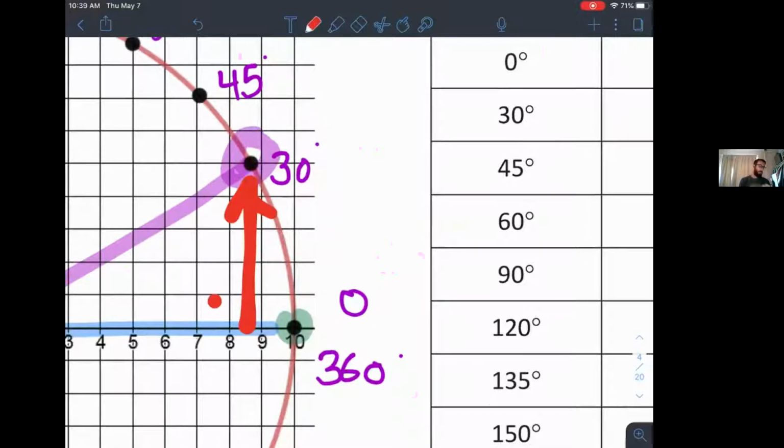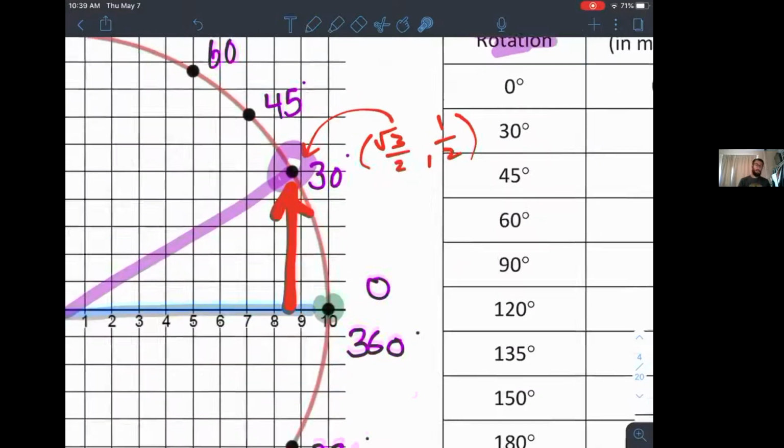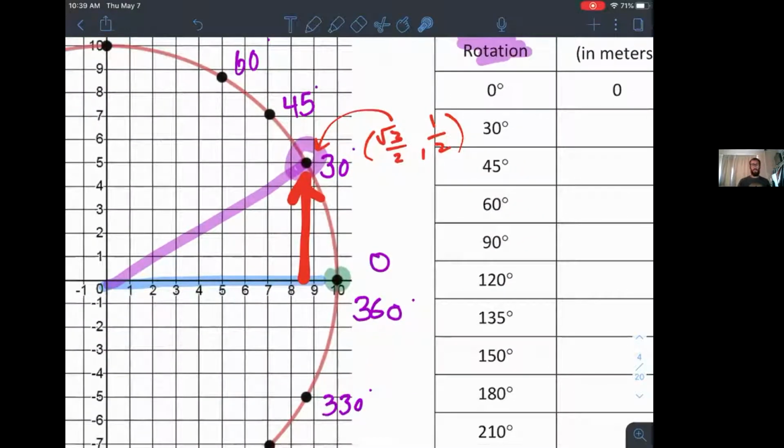If I know from the unit circle that at a 30-degree location I'm at a horizontal movement of √3/2 and a vertical movement of 1/2, I can use this to figure out what the height is in terms of an actual understandable thing, not just a fraction 1/2.